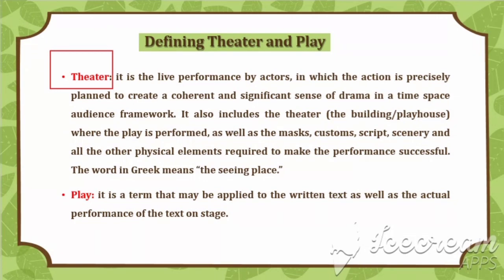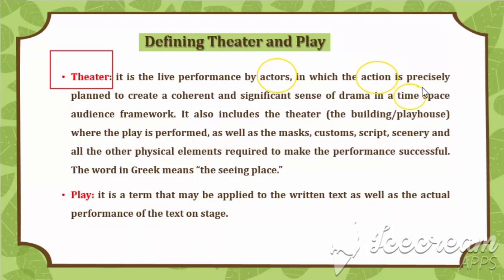So what does that mean? It means that we have a theater that has or includes real actors. Okay, we have people here. These people are going to perform an action. Okay, and they have these elements. They have the time to perform the action.